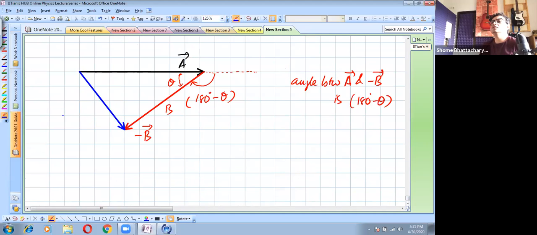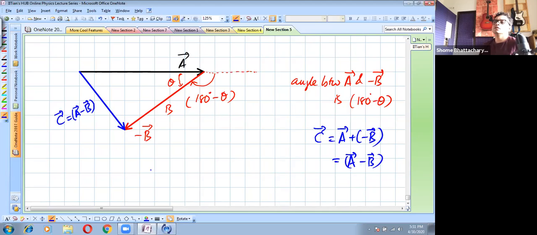This is a vector C, which is basically A minus B. Because the operation that we've done over here is actually an addition, but it's an addition of the vector A with the vector minus B. So that addition is actually resulting in the difference.